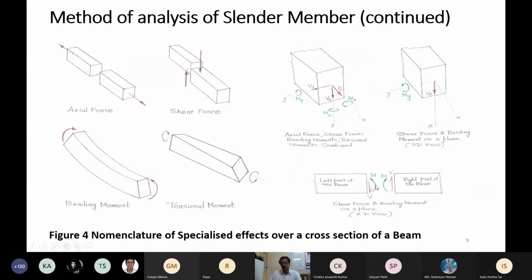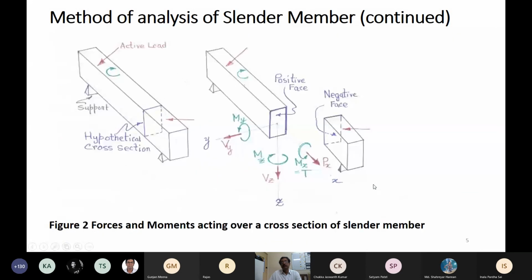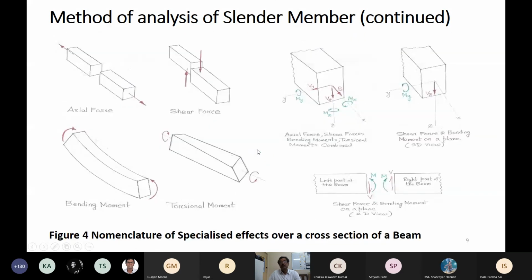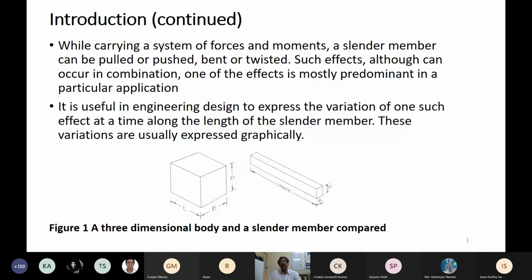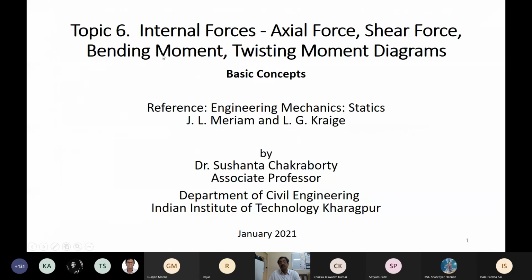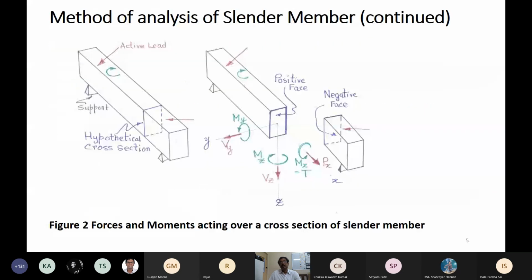Altogether, if you join the left part with the right part, you will get back your original beam. At the hypothetical cross section in the middle, no forces or moments are acting. That is why these are called internal forces. The title of this chapter is internal forces. Forces in general mean force and moment as well.